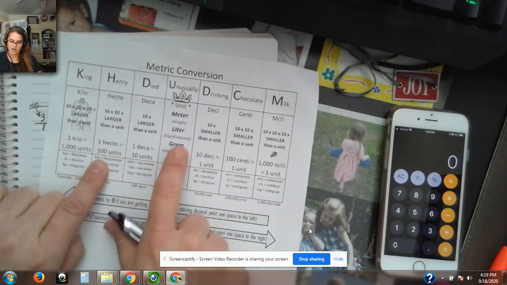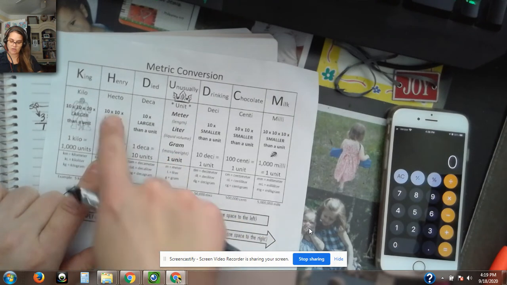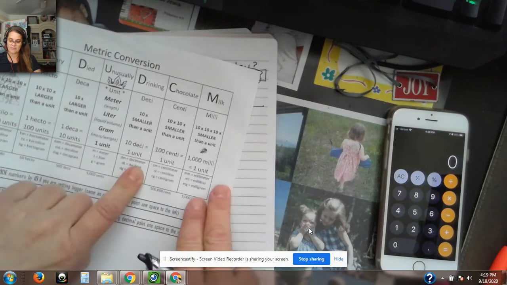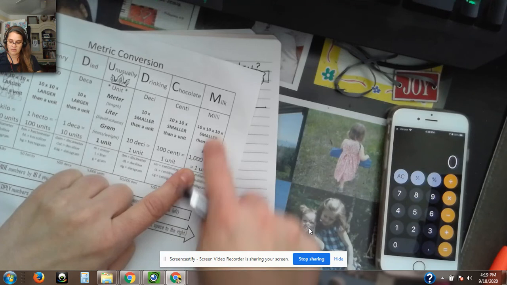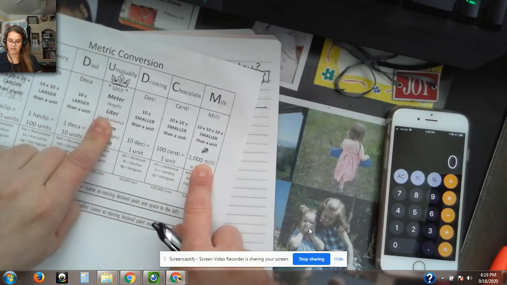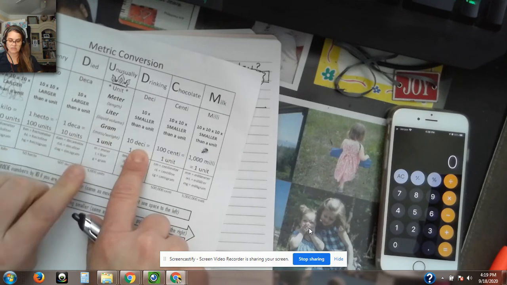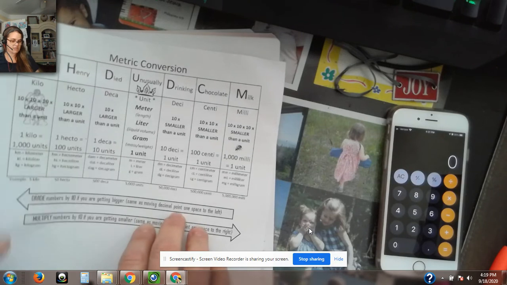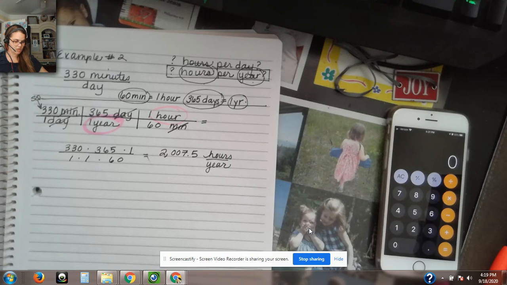There are 100 in the hecto. There's 10 in the deca. Now this works opposite when you get to the smaller. So here we'll say there's 1,000 milliliters in 1 unit. There's 100 centimeters in 1 unit and 10 decimeters in 1 unit. So this metric conversion sheet, I believe I have available for you guys. I'm pretty sure I've got it up on Schoology for you.